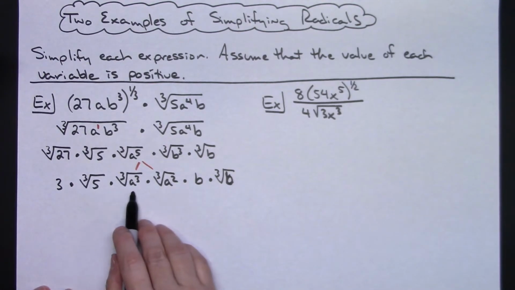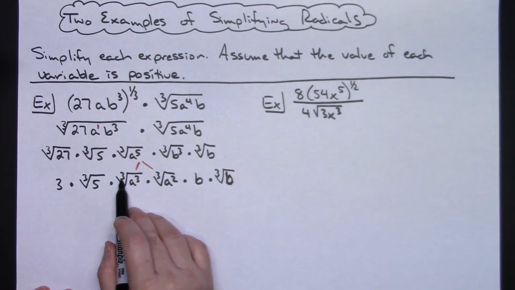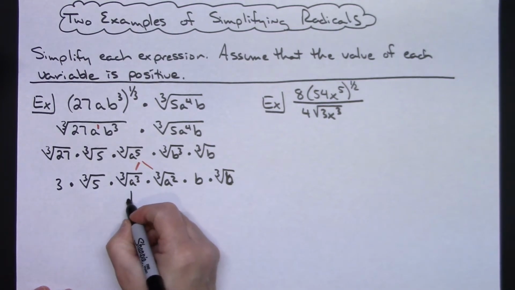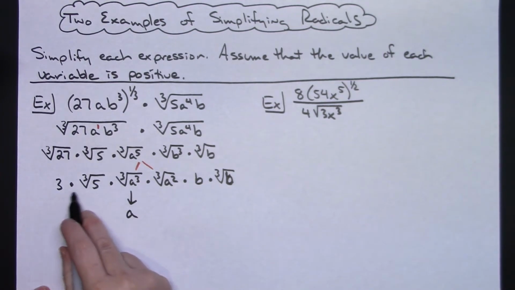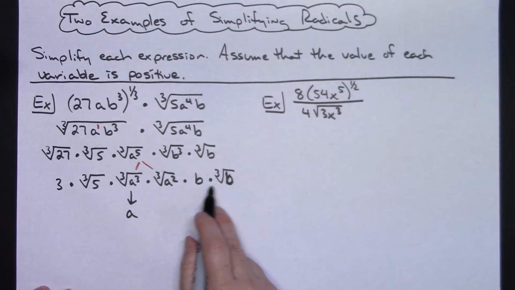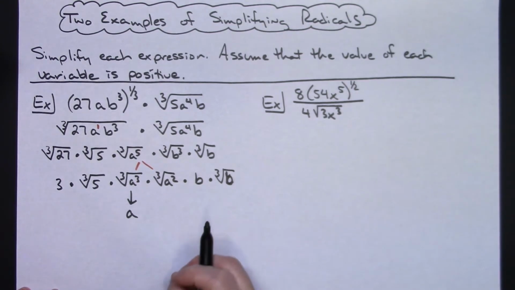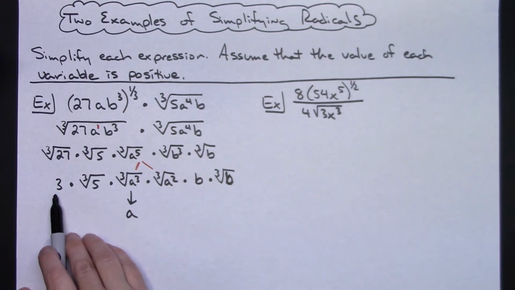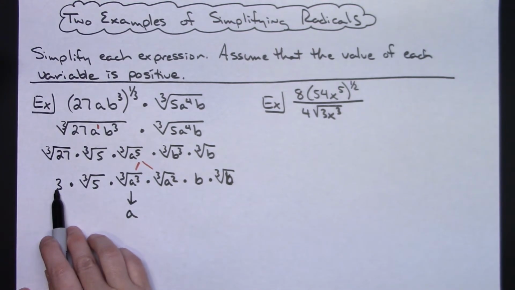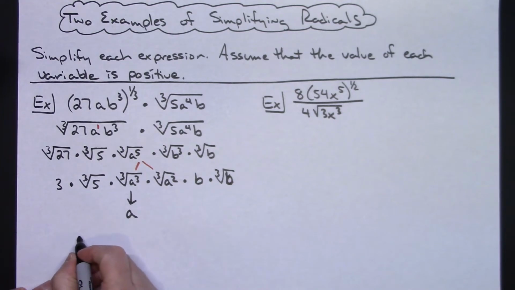Okay, now simplifying one more time, this is a perfect cube, so I know this goes to an a. Everything else has already been simplified the best that it can be. So now I am done, and I can put together everything that I have taken a cube root of and pulled out. Everything that's underneath the cube root is going to stay underneath the cube root. So that looks like I'm going to have a 3 and an a and a b on the outside.